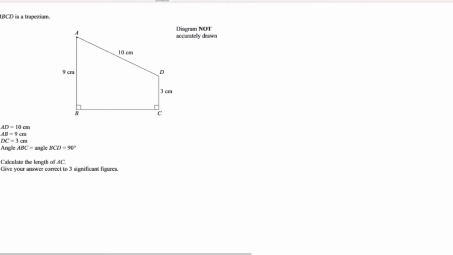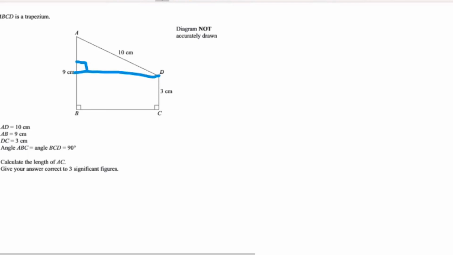Now, in order to work this out, we're going to have to do a few more steps. First of all, we're going to have to work out what BC is, because then we can make a right-angled triangle out of ABC. But before we can get BC, we're actually going to want to get what this length is, which makes this a right-angled triangle on top.